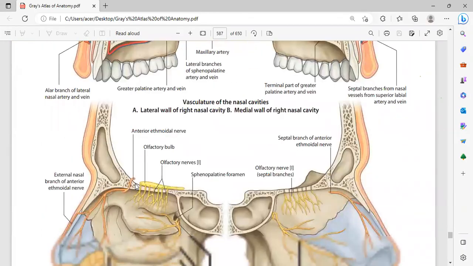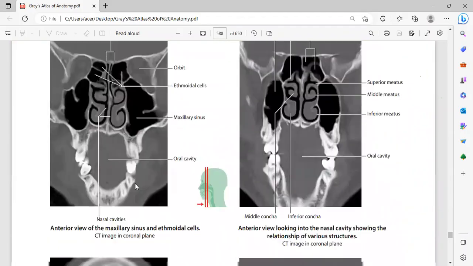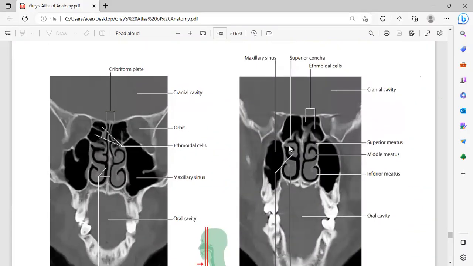Okay, so if we look at it in a CT, these white things, these are the concha. So under these concha, you have these spaces. You can't see it in that diagram that I showed you before, but here when we are looking at it from an anterior coronal section, you can see these parts here, the white parts, those are the concha.